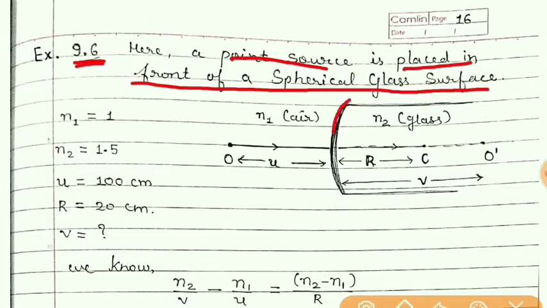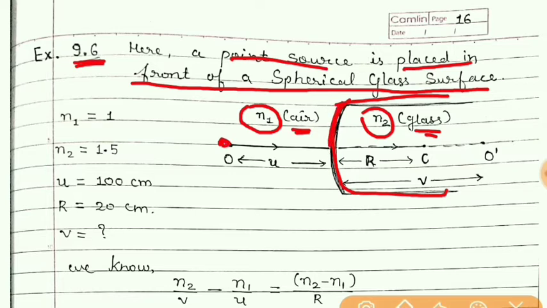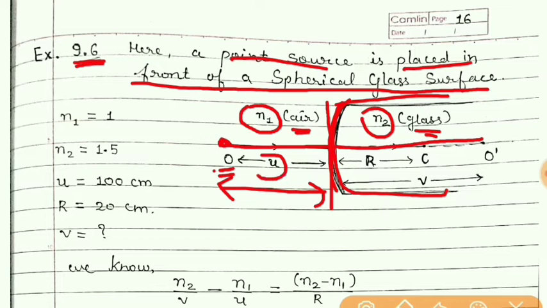So this is a spherical glass surface having refractive index n2, placed in the medium air, and the refractive index of air is taken as n1, and the object is placed in front of this spherical surface. So O is the object, this is the principal axis. From the spherical surface, the distance of the object is the object distance u.